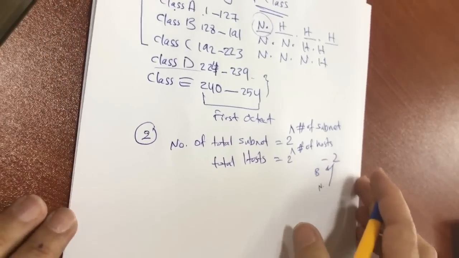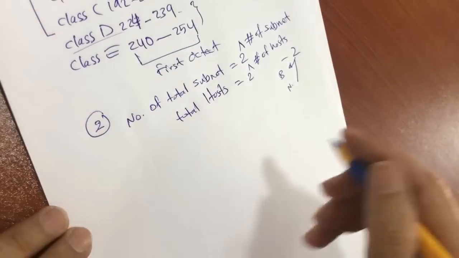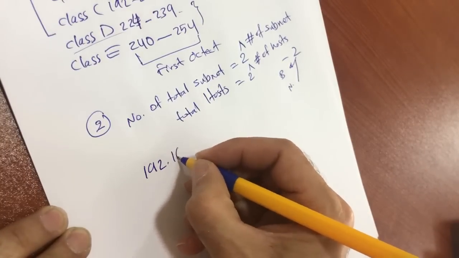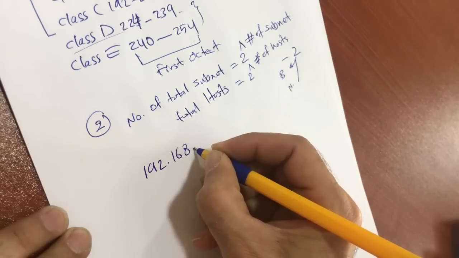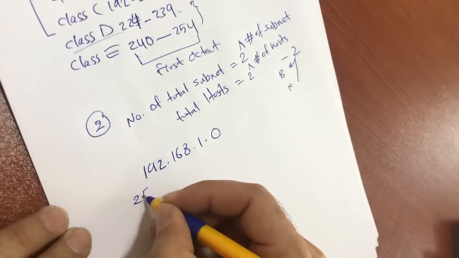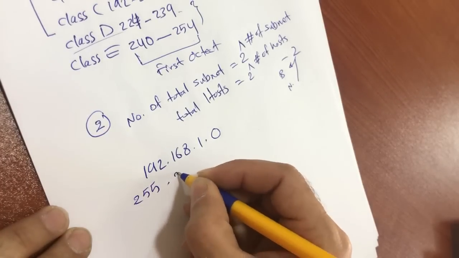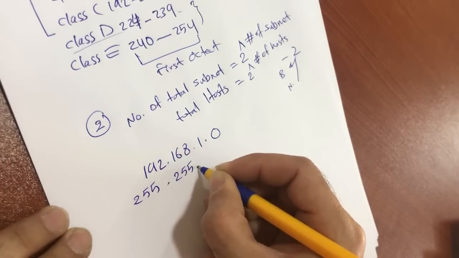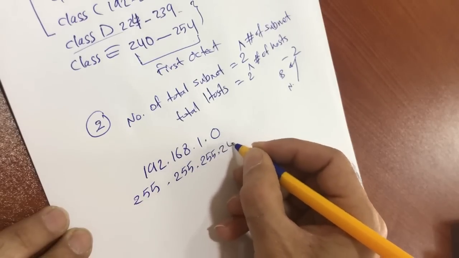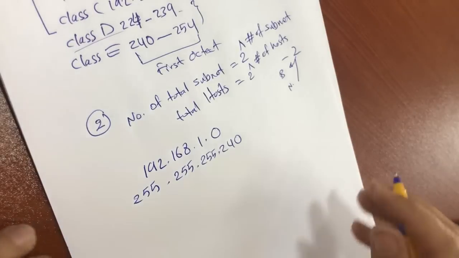So let me explain it through one example. For example, I have this IP address, 192.168.0.0, and we have a subnet mask 255.255.255.240.